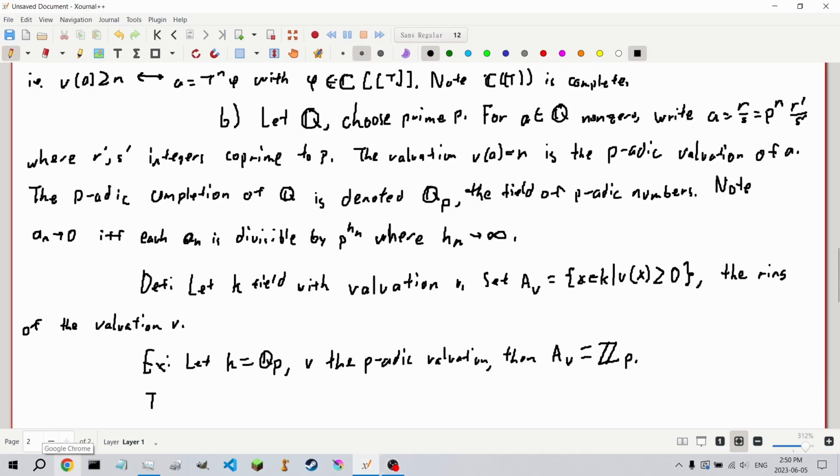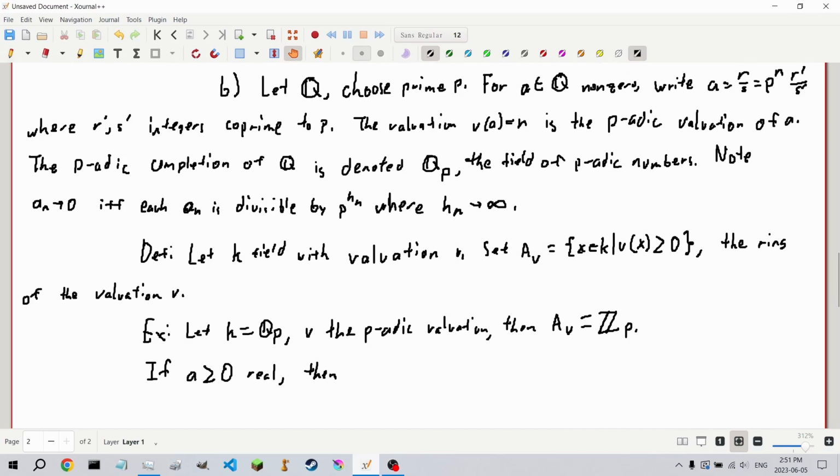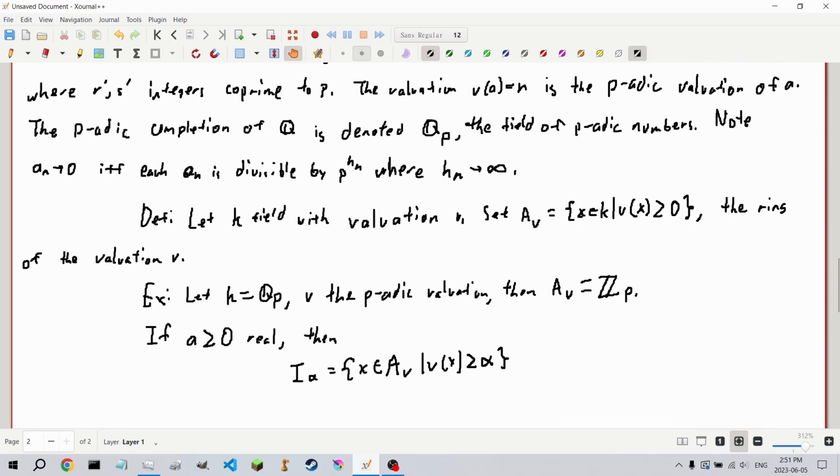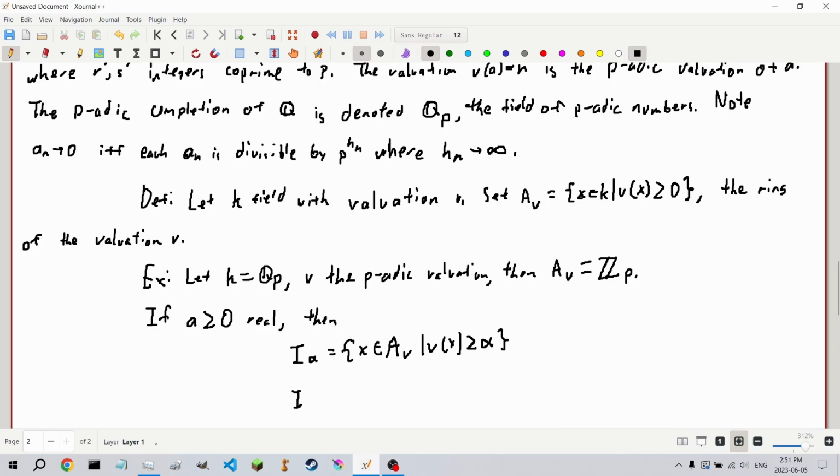Now, if alpha is a real number greater than 0, or it can be a real non-negative number, then I of alpha is the set of x in A_V with a valuation of at least alpha, and I prime of alpha is the set of x in A_V with valuation of x strictly greater than alpha.